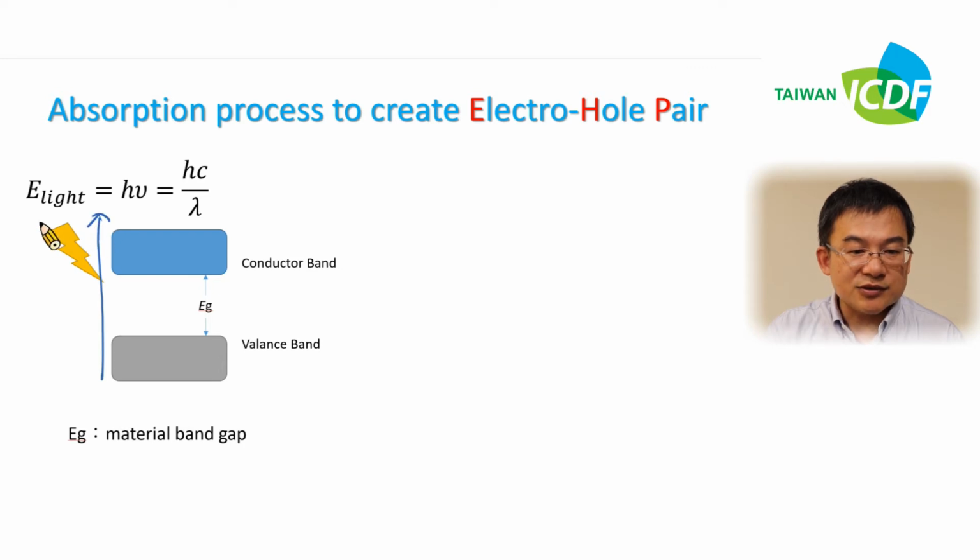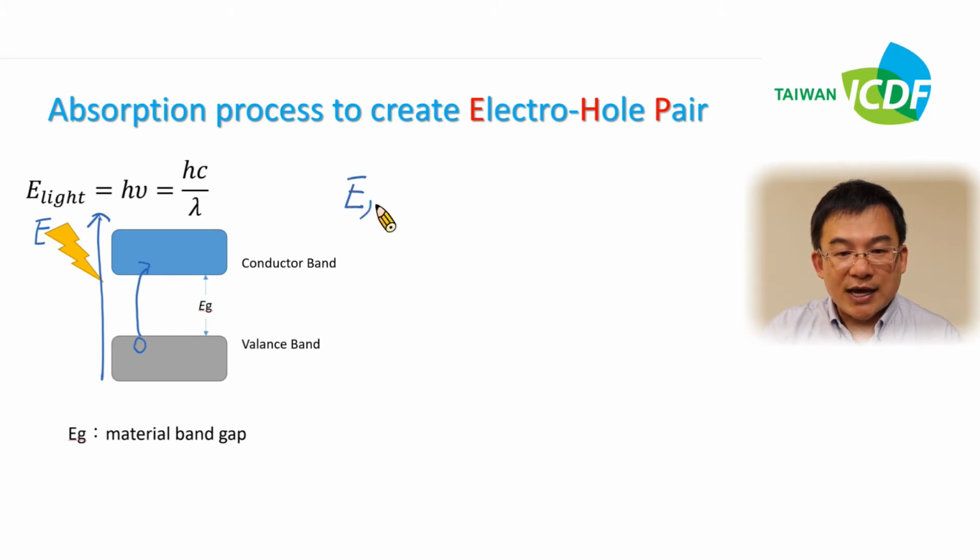If a photon is incident on the semiconductor, then the electron will be excited to the conduction band, if the energy of the light is equal to or larger than the energy band gap of the material.